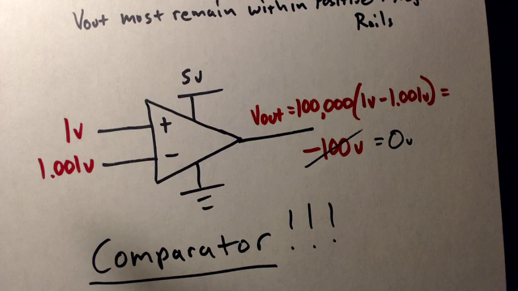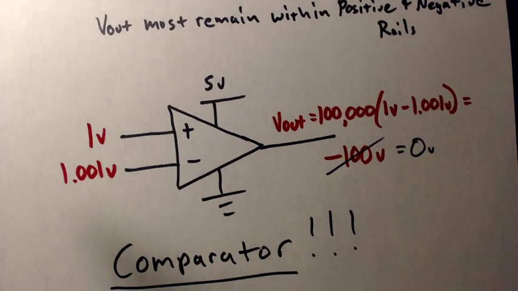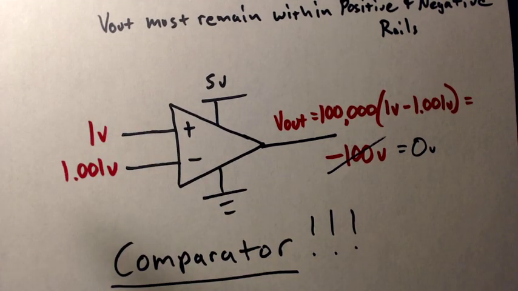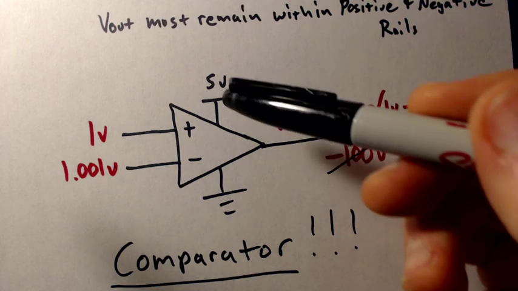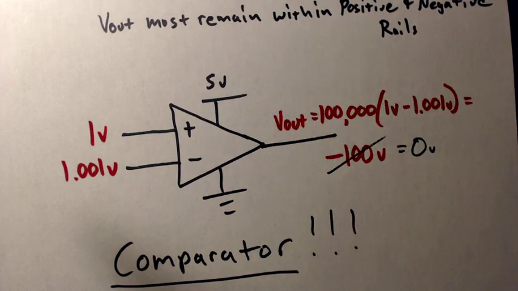But in the open loop configuration, your op amp is comparing these two inputs. Okay? So, regardless of what the difference is, whichever one's greater is going to cause the output to saturate to either the positive rail or the negative rail.